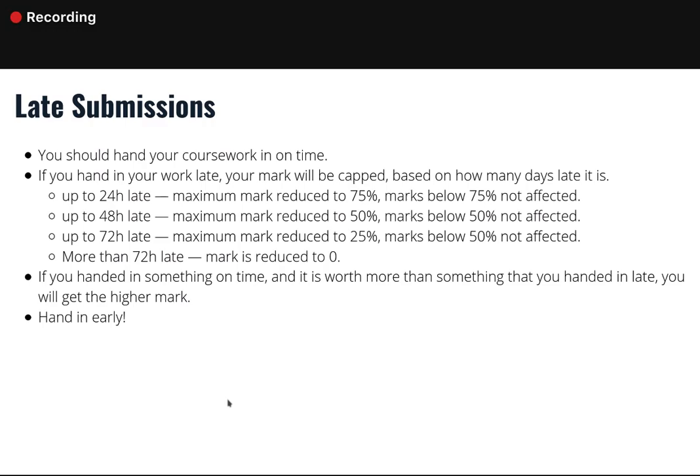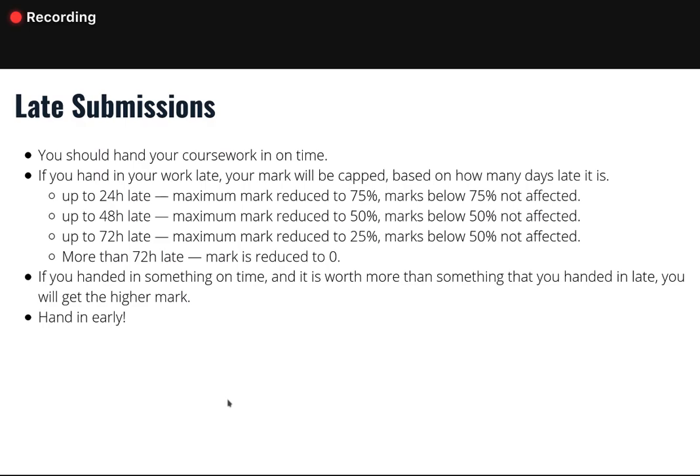but we're not going to scale your mark down by 75%. Your marks maximum can be 75%. So if you were submitting an assignment that was only worth 60 out of 100, if you submitted that 1 day late, you'd still get 60 out of 100 for that assignment.